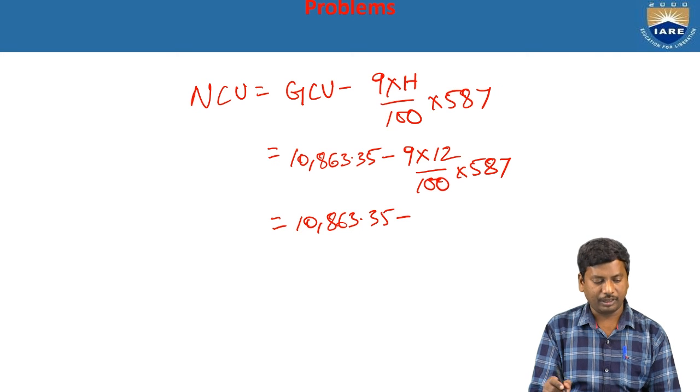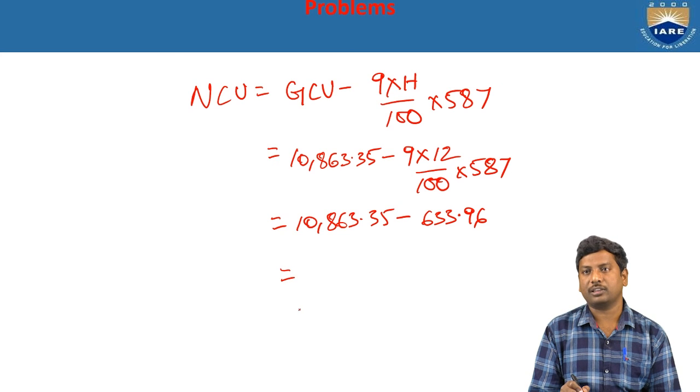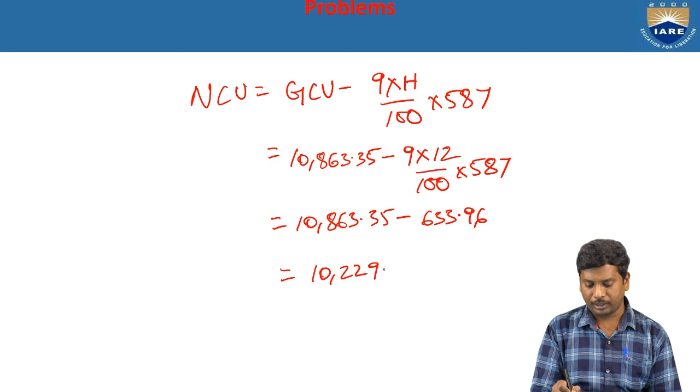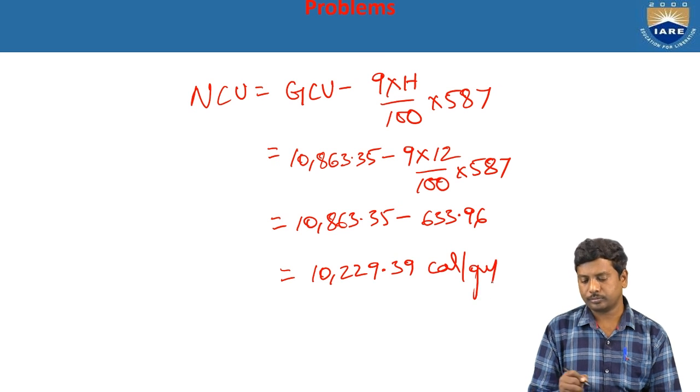We get the value 633.96. So by subtracting this value 633.96 from 10,863.35, we get the value 10,229.39 calorie per gram.